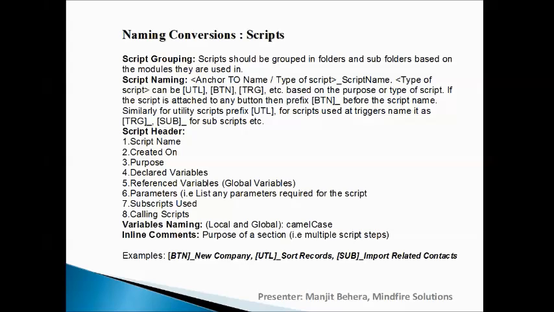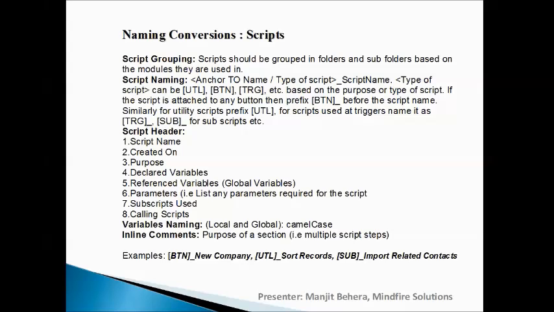First one is the name of the script, second is the date it got created, third the purpose or the work or the return of that particular script function, fourth one is the declared variables, that means the variables that get used inside the script, then referenced variables, global variables, if they are created in other scripts and still used in your current script, then you must name those variables.